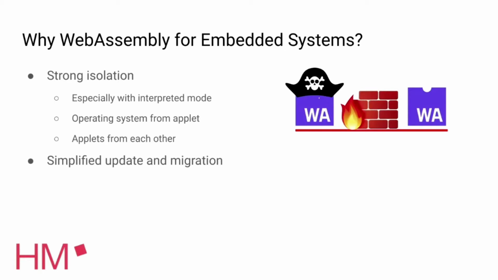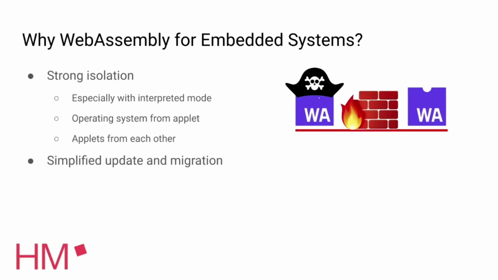And obviously, and it's also the origin of the whole idea of managed VMs, it provides very strong isolation properties, especially when we talk about the interpreted mode. So if you run it with an interpreter, as long as your interpreter is safe or secure, you already get very strong isolation properties. Beside that, you have isolation of the operating system from your WebAssembly applet, but you also have strong separation of WebAssembly applets from each other.